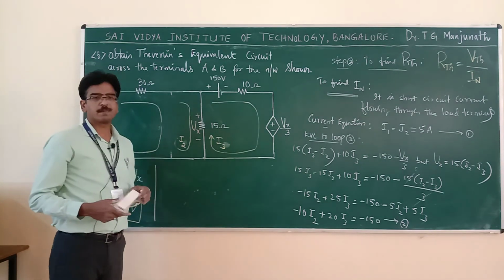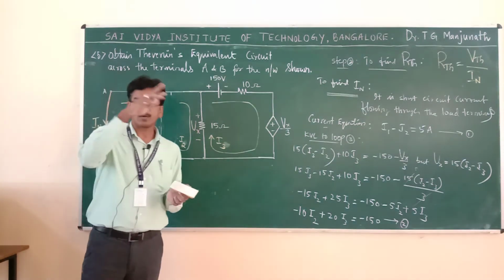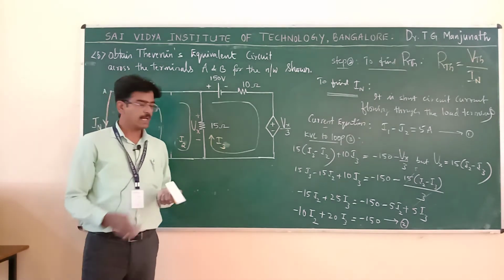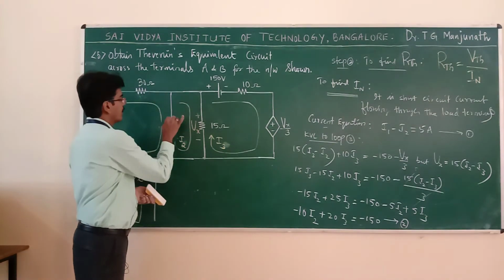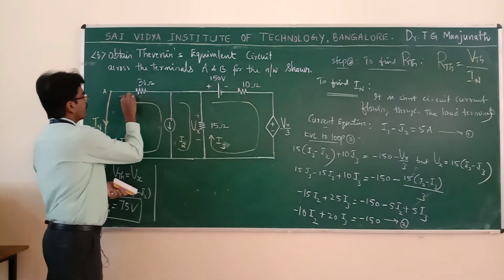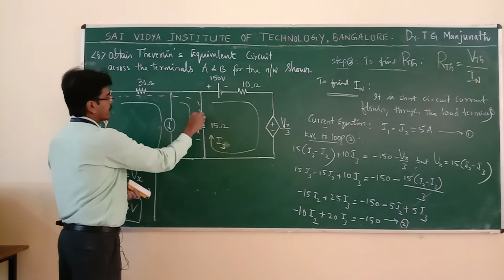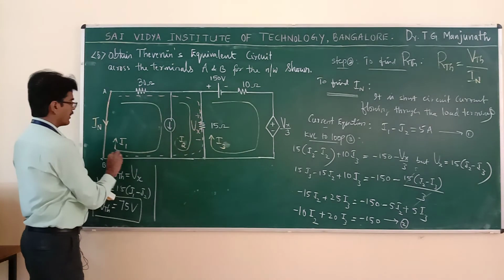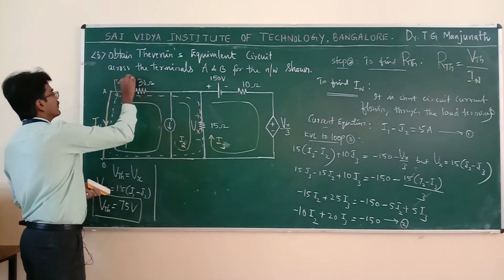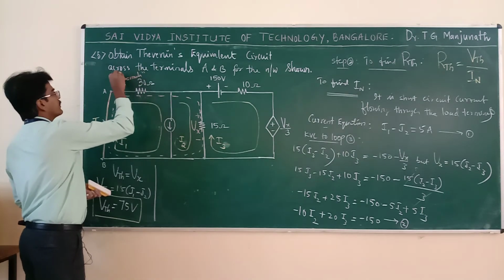It is not a special mesh, it is a normal closed path, where in that path we should not have any current source. It is there as it is, but these dotted lines are shown to represent that it is a super mesh. So, this is the super mesh.